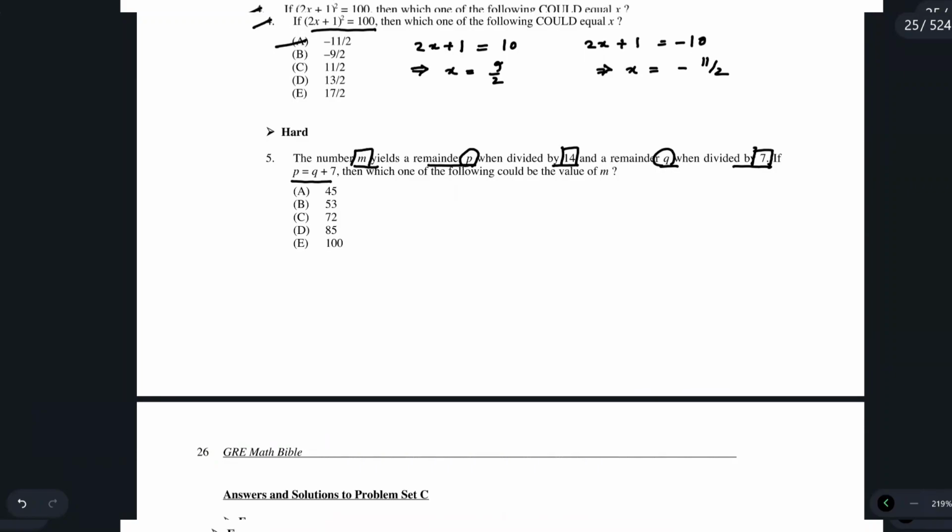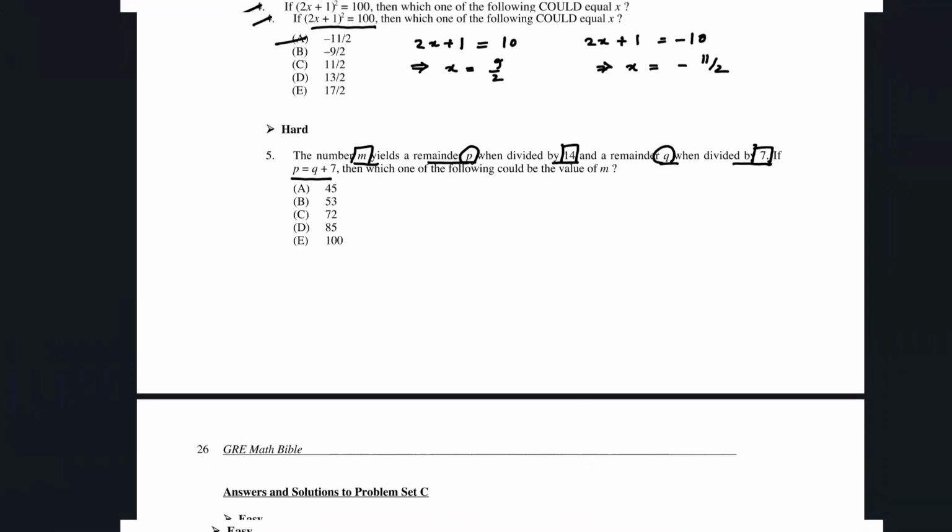So let's try to figure out the multiples of 14 or 7. Since the range here is from 45 to 100, we will start with 42, because 7 times 6 is 42 and 14 times 3 is 42. So both 7 and 14 go into 42.